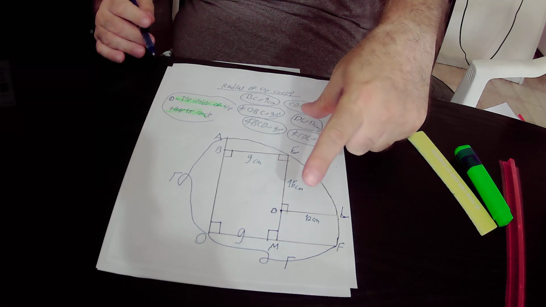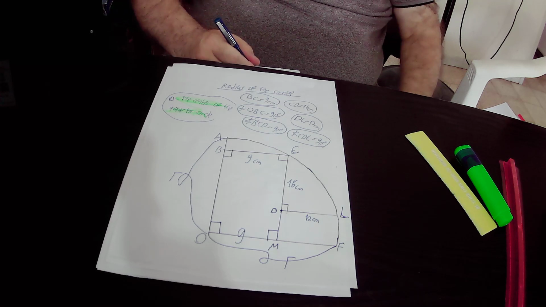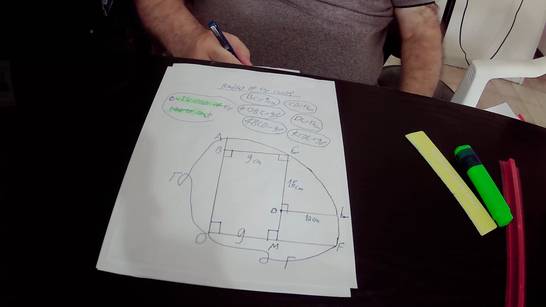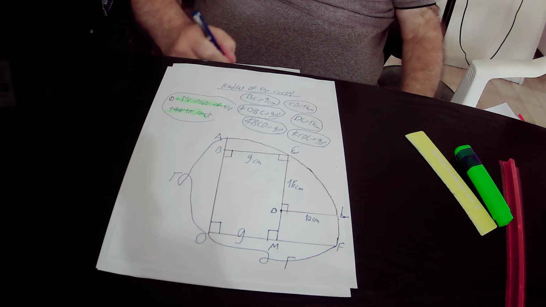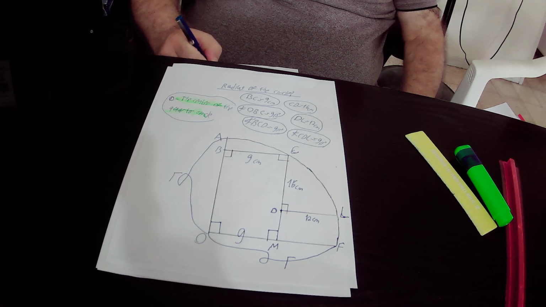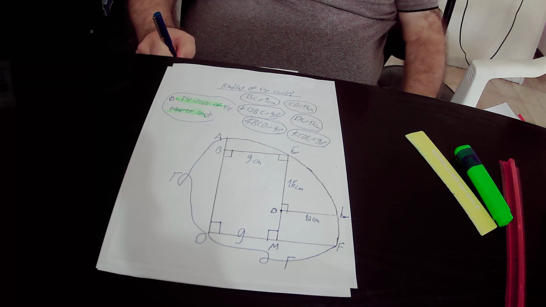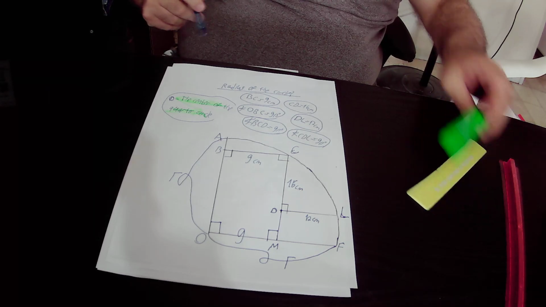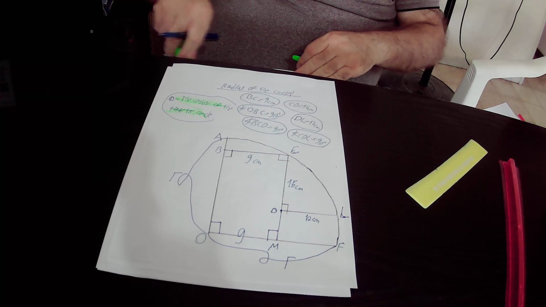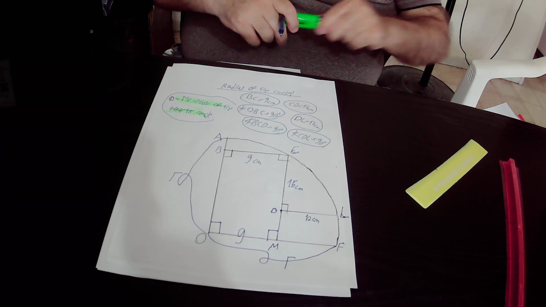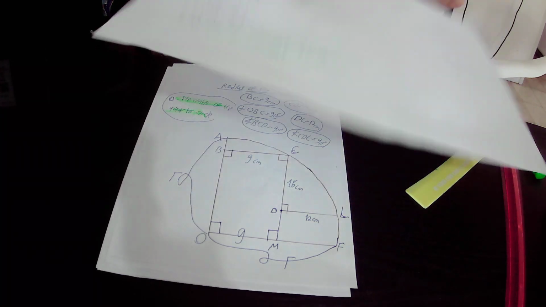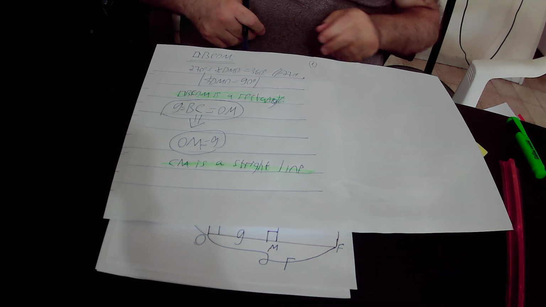So we write down that CM is a straight line. Repeat again, line segment CM is a straight line.